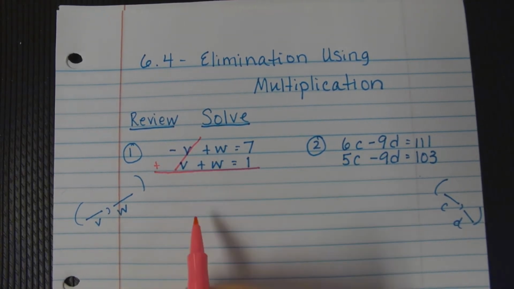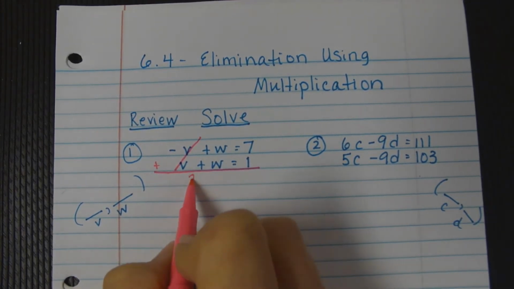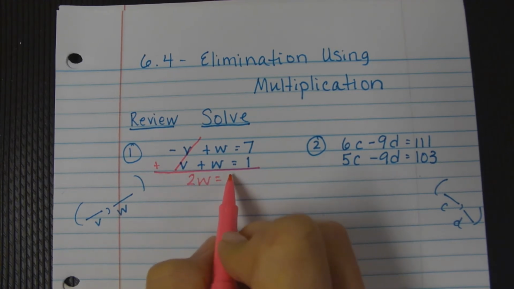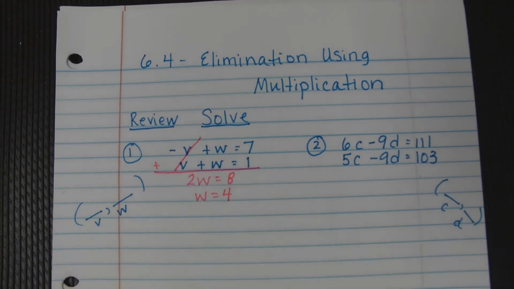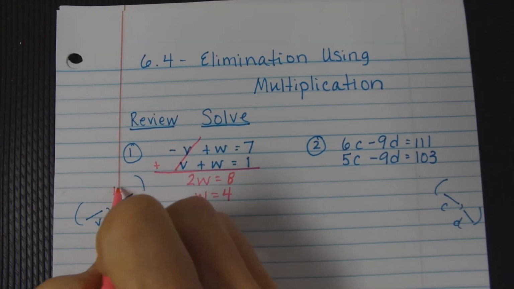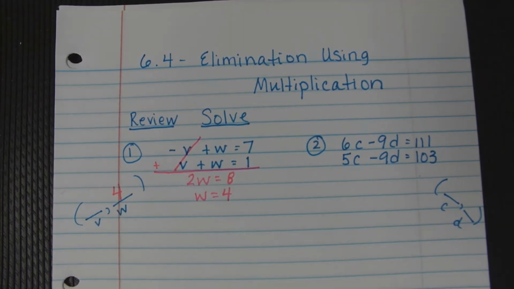How many W's do we have? 2W equals 7 plus 1 is 8. I'm going to skip that step. W is 4. Who got W's 4? All right. Now we can go and put that there. How do I find V? Right. Choose either equation.